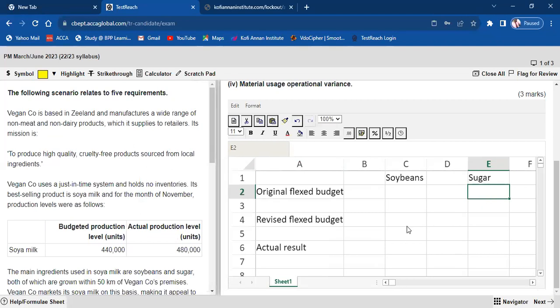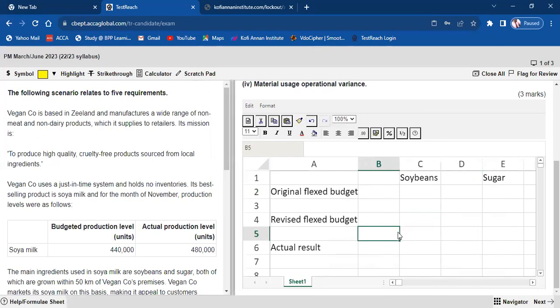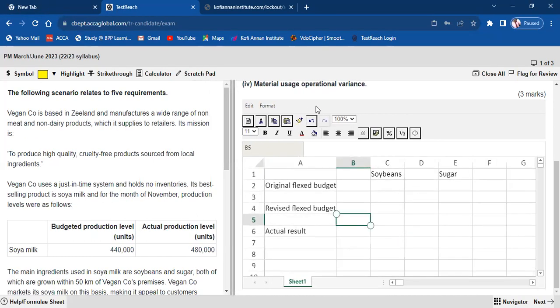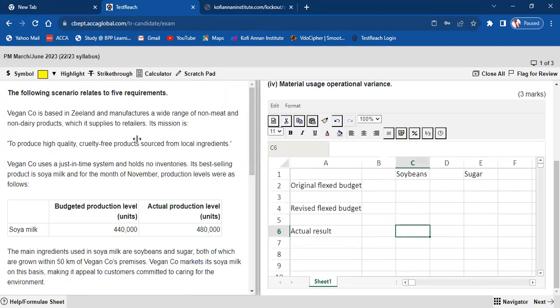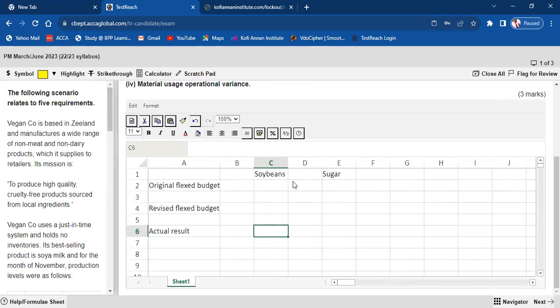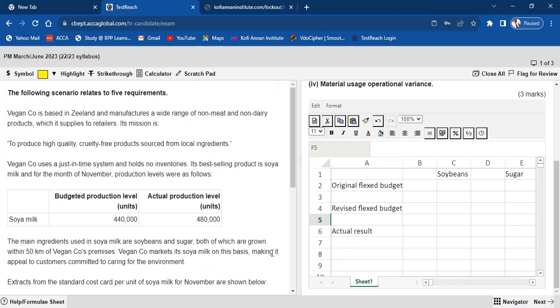I'm expecting to see things about material price, material usage, and all of that. Oh, sometimes I don't like this about computer exams.